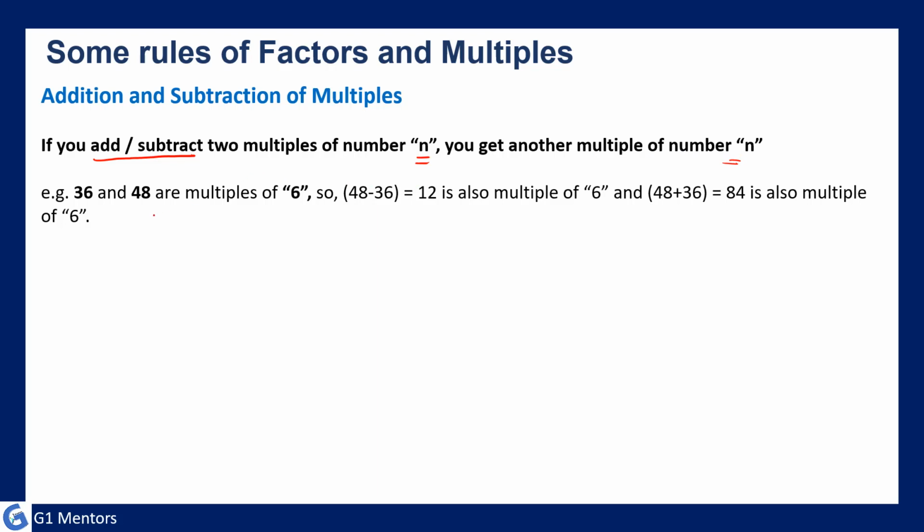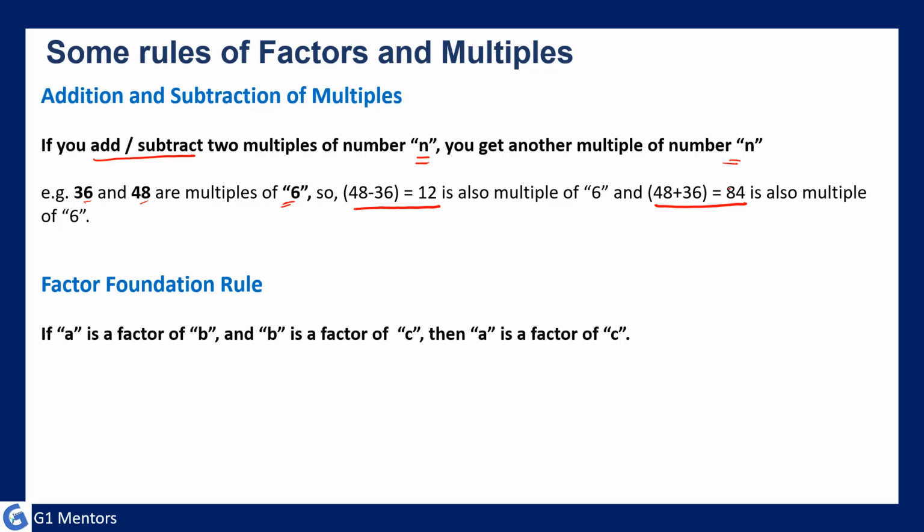For example, 36 and 48 are multiples of 6. So 48 minus 36, that is 12, is also a multiple of 6. 48 plus 36 equals 84, which is also a multiple of 6.